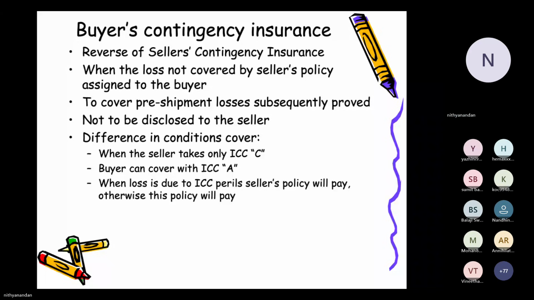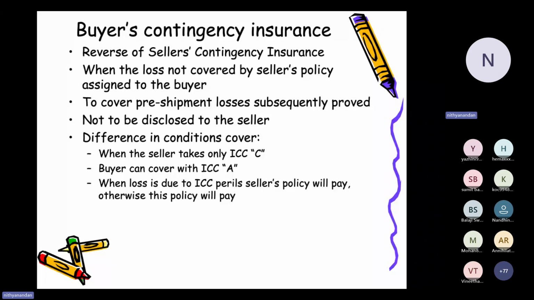So once the goods are put on board the ship and the payment for the goods is received, the seller is losing insurable interest. His policy is closed. So the buyer's policy is taking care of the remaining journey.